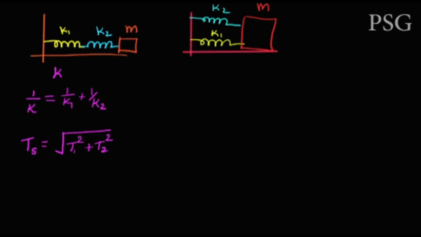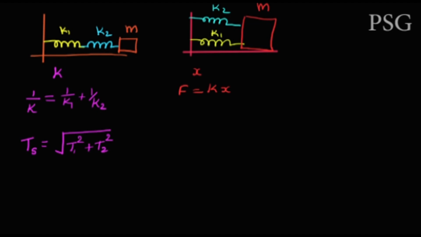Therefore, if the combination is displaced by a distance say x, then the force F is equal to the effective spring constant k into x, and individually the force due to spring 1 is k1 into x and the force due to spring 2 is k2 into x.